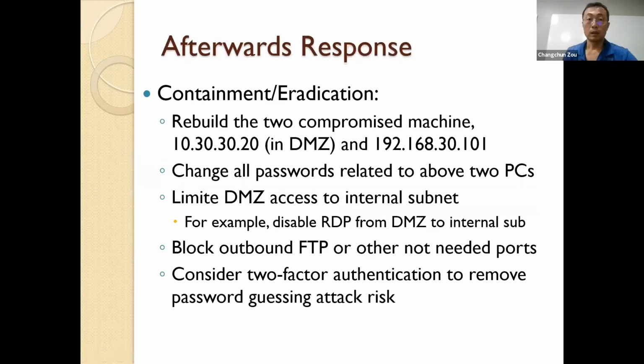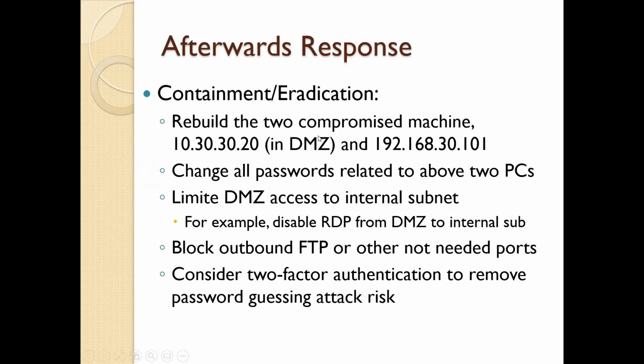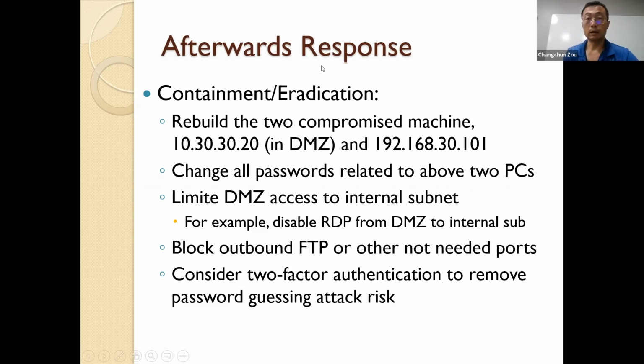So now we have figured out what actions happened in this compromise. As for the response afterward, if you work in IT security, you need to rebuild these two compromised machines. And if any user has an account on these two compromised machines, they need to change their password, because the attacker may have used FTP to upload the password file to the attacker's machine.